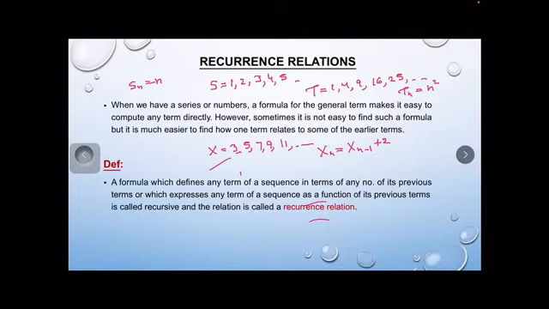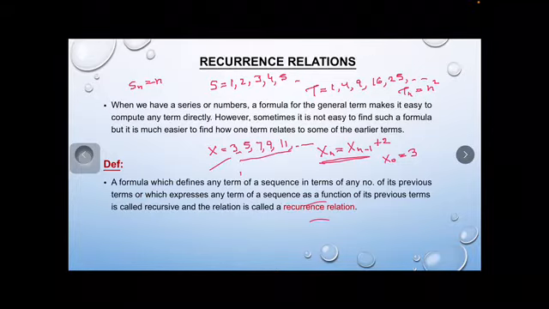From this we can identify the series, but for this we need one more thing, called the initial term. Here our initial term x0 is 3. If we have the initial term x0 equal to 3, then we can find all terms of the series one by one.